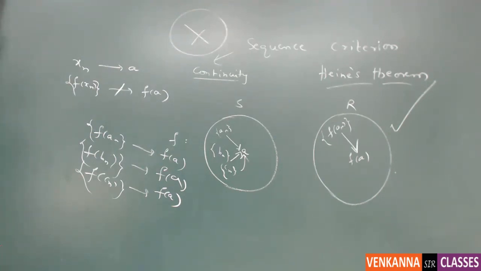So it is a very useful theorem for proving many problems, and some very good problems based on this concept, the sequence criterion, are given in UPSC. Is it clear? If the concept is clear, let us go with the problem straight away.